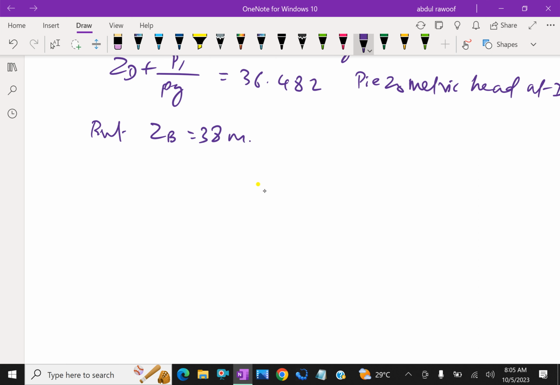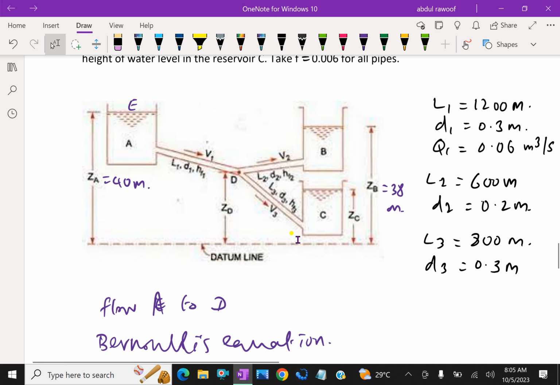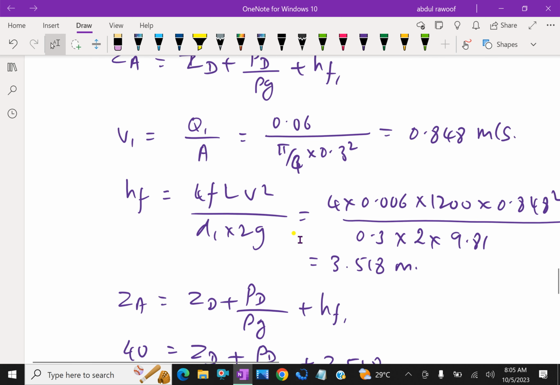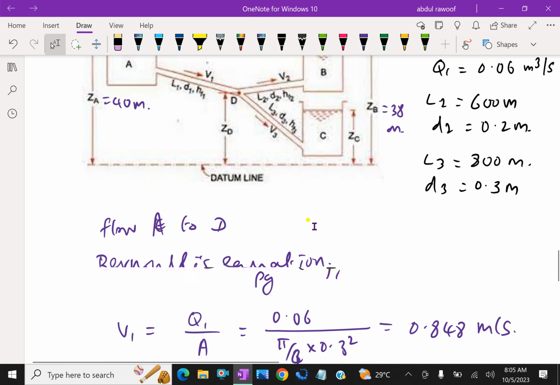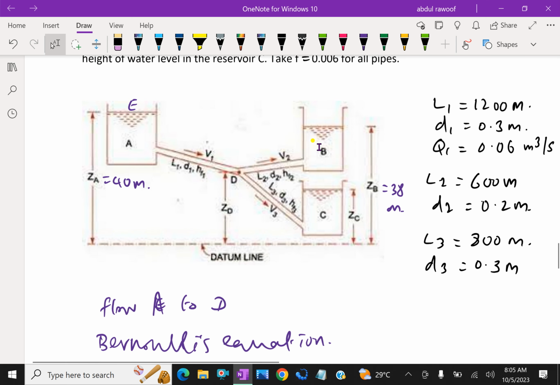Hence the water flows from B to D. Here at B, the datum head is 38 and the piezometric head at D is 36.482. Therefore, from B to D the water flows. The direction is this way.